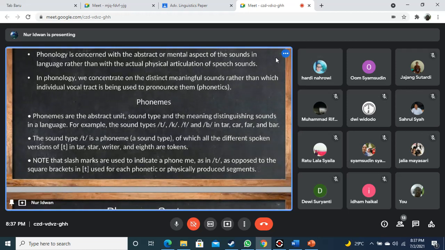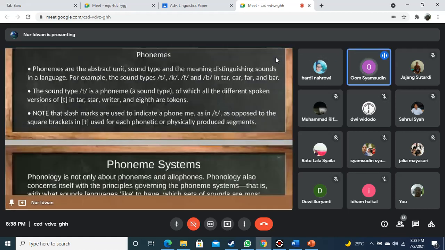Note that slash marks are used to indicate a phoneme, as in /t/, as opposed to the square brackets in [t] used for phonetic or physically produced segments.